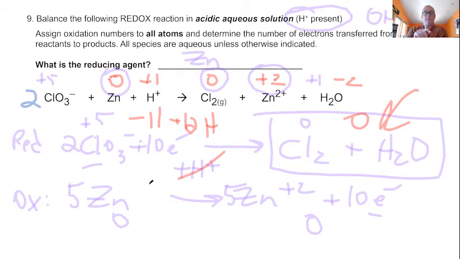But I need to balance my hydrogens and my oxygens. If I have 12 hydrogens on this side, how am I going to balance that on the other side? 6 waters, right? And if you'll notice, that also balances my oxygens.